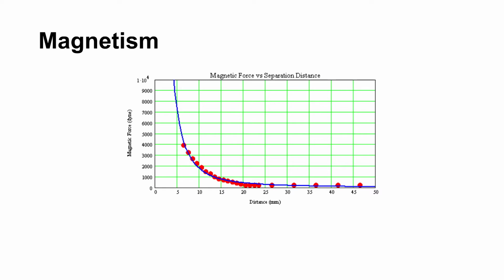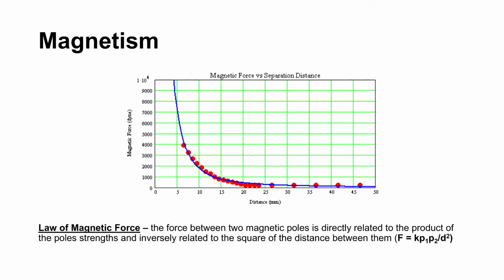Now, the magnetic force, very much like electrical force or gravitational force, follows what's called the law of magnetic force. And you see at the end is the formula for the law of magnetic force, which is a constant times the pole strength of one times the pole strength of the other divided by the distance squared.